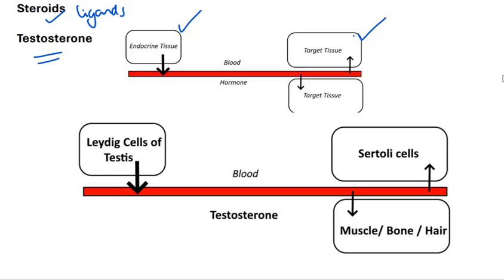Of course, if one looks at the section of the syllabus associated with reproduction, these details are referenced there as well, and so we can link this to our learning. Within the testes, there are the so-called Leydig cells, and these will produce testosterone, which they then put into the bloodstream, as indeed we have with any hormone.